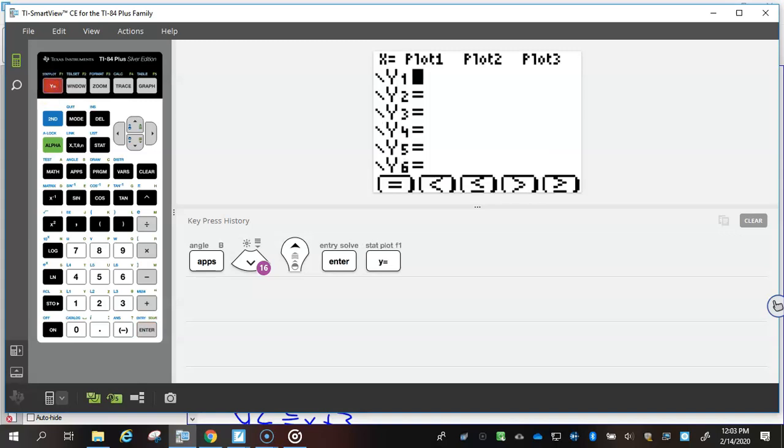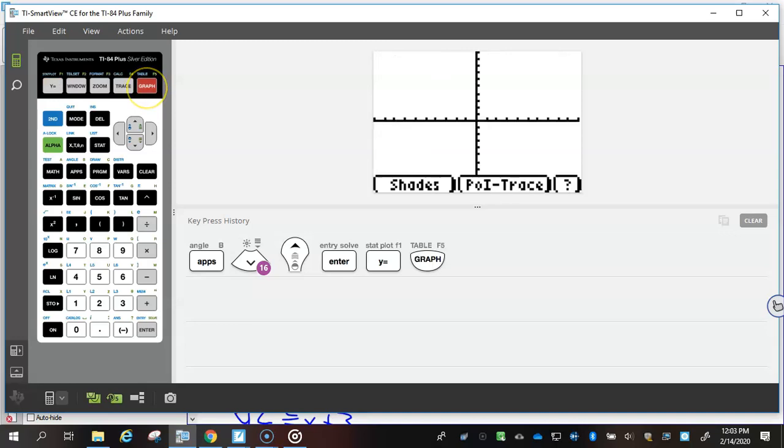Alright, so when you go into y equals, this is what you should see as you hover over the equals sign. That means you can change it to whatever inequality sign you want. So let's put in number 1's inequalities. In order to hit these, you need to hit the buttons at the top. Each one goes with one of them. To get greater than or equal to, we need to hit graph.